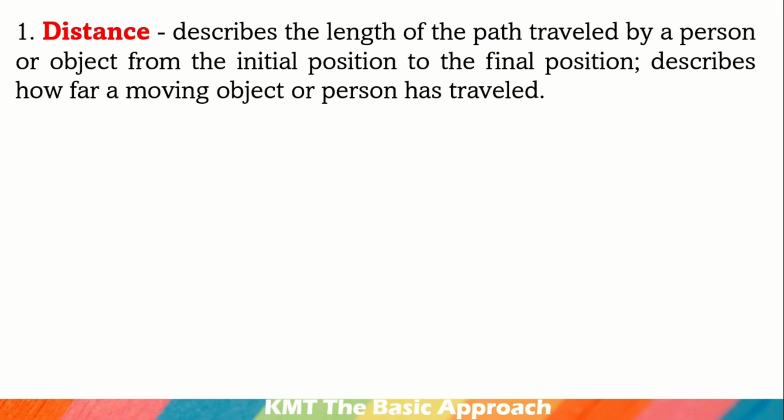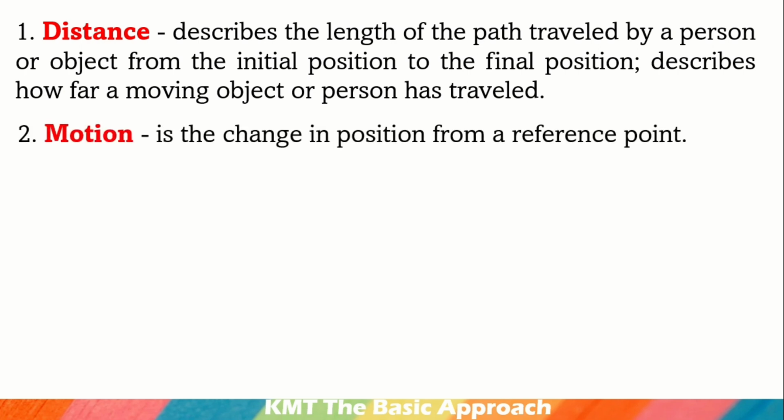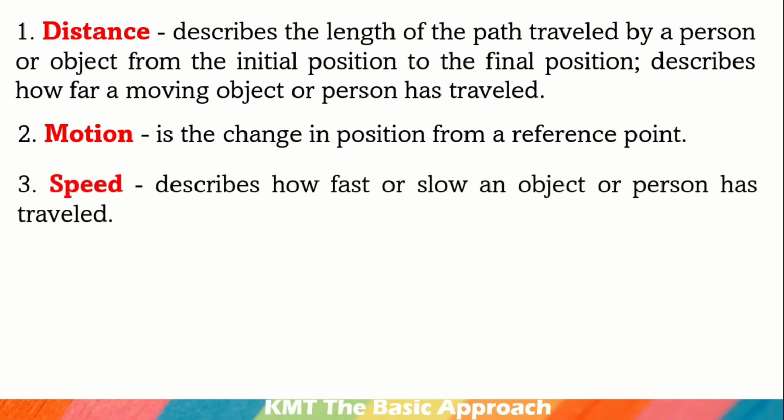Describes how far a moving object or person has traveled. Number 2. Motion is the change in position from a reference point. Number 3. Speed describes how fast or slow an object or person has traveled.